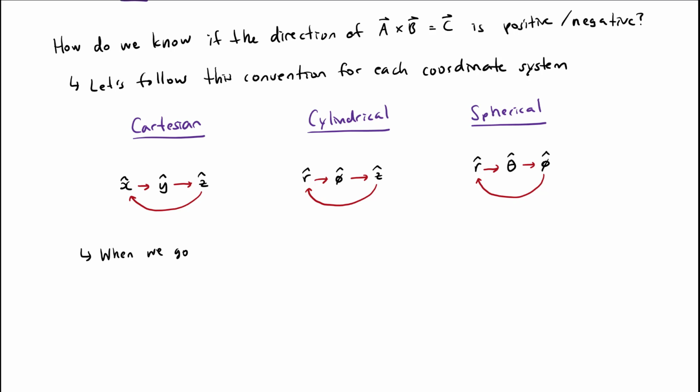When we go with the arrows, the cross product is in the positive direction.